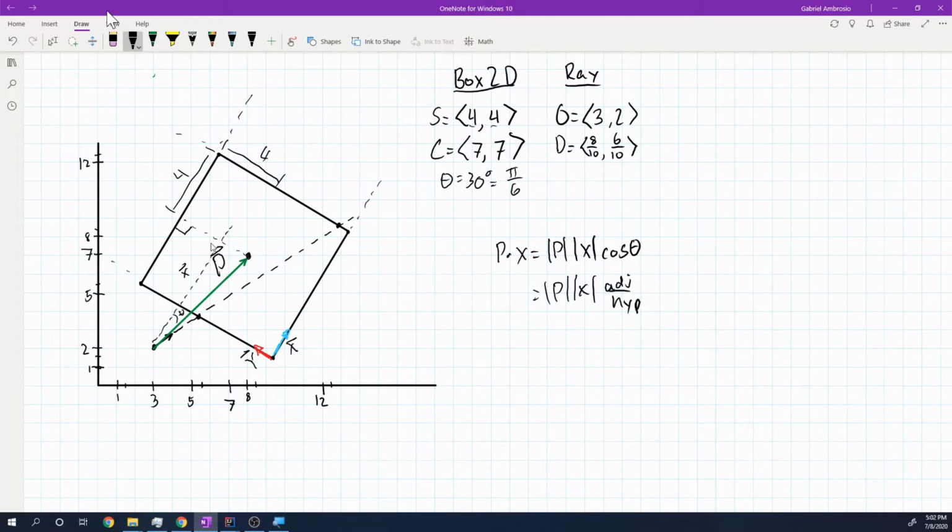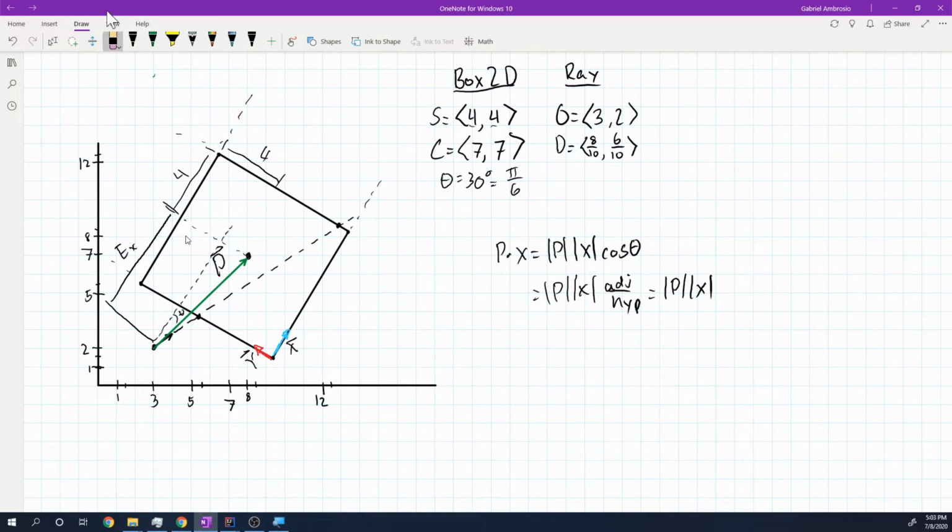I hope you're going to start seeing where we can start getting some information from this. So if we substitute those in, we'll say magnitude of P times the magnitude of X times adjacent, which we just said is this length from here to here. We'll call that E of X, okay?